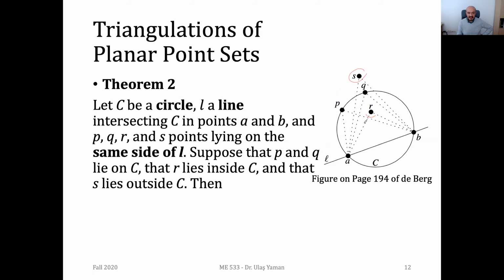And we can simply say that the angle between A and B is larger than the other angles, and we can say that the angle between A, P, and B is equal to the angle between A, Q, and B. This is a simple theorem, simple geometry, and we will be making use of this theorem in the upcoming cases.